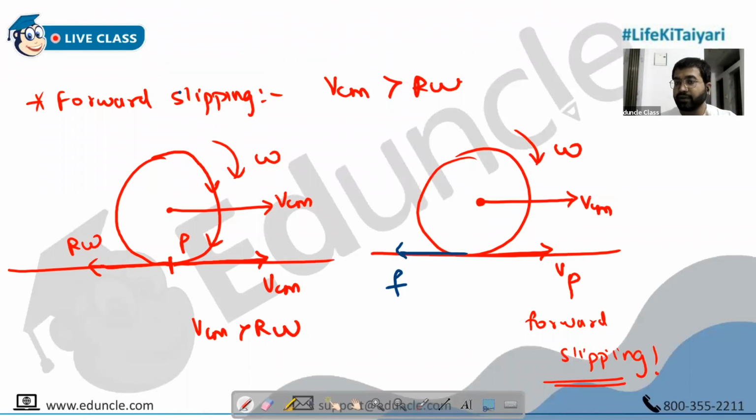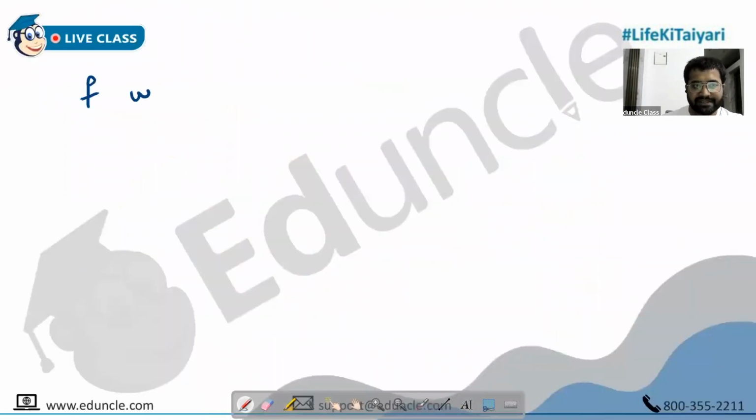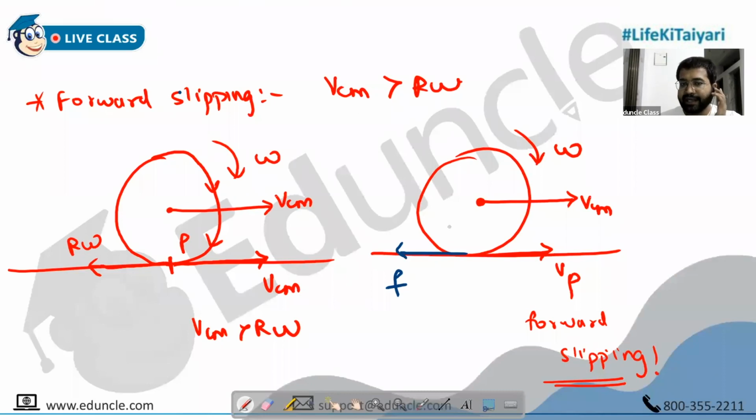So it is going to reduce VCM. Do you agree with this or not? I repeat, F is in the backward direction. So don't you think it will reduce the value of VCM now? Yes, sir. Okay, that's it. So what we will say is F will decrease VCM. That's important.